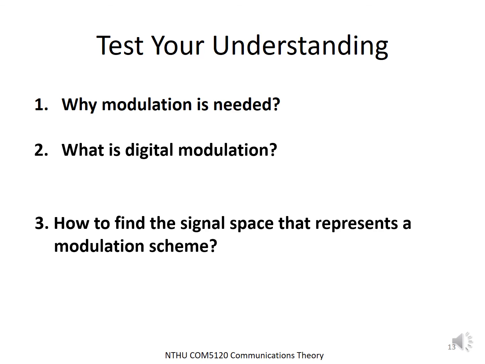The standard procedure is the Gram-Schmidt procedure. With the Gram-Schmidt procedure, we can find the basis and the signal space. However, as we said, for the same signal space covering the signals, the bases are not unique.